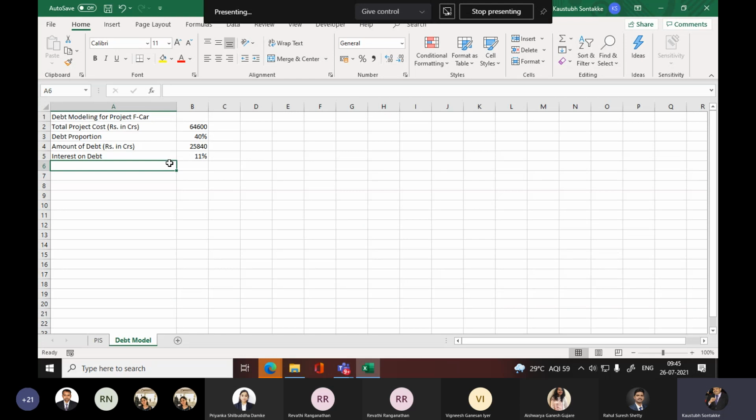If you want, in the next cell you may write PA, stands for per annum. Okay. Next you will write now, after interest on debt, moratorium period.